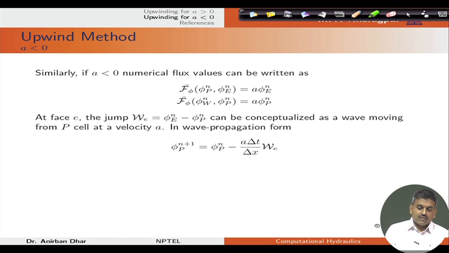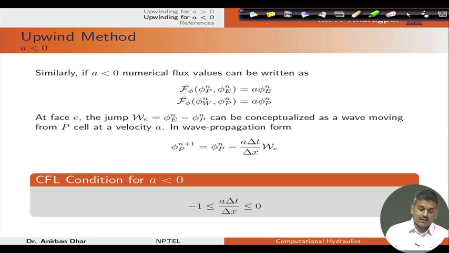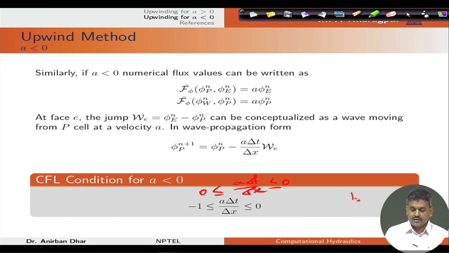At E phase, the wave propagation, again we can write it like this, and for the CFL condition, if we do not consider the absolute value of a, then this will be just opposite to our original condition. Sometimes we use a combined criteria where a delta t by delta x is utilized.